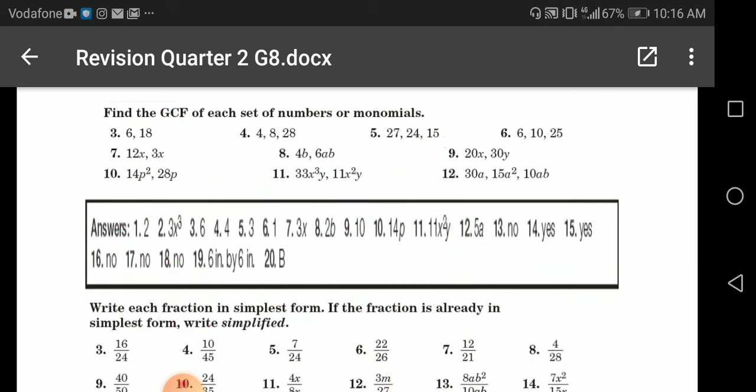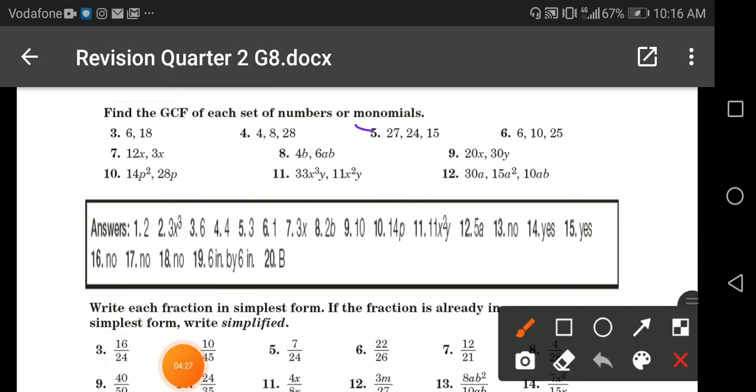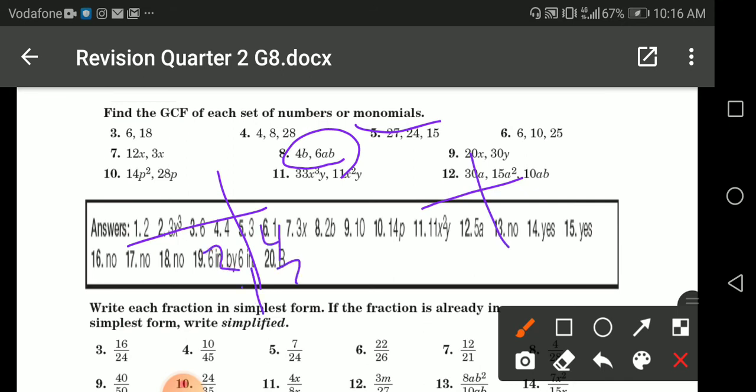Okay, what about if he gives me monomials? So the repeated here, just the repeated. If you have here 4b and 6ab, 4 equals 2 times 2: 4 divided by 2 is 2, 2 divided by 2 is 1. And we have here 6: 6 divided by 2 is 3, 3 divided by 3 is 1.